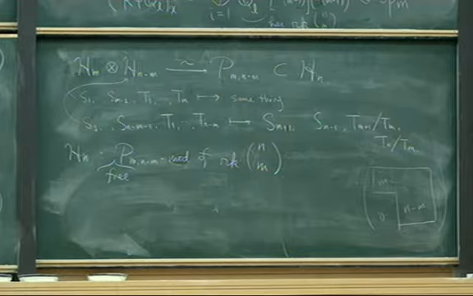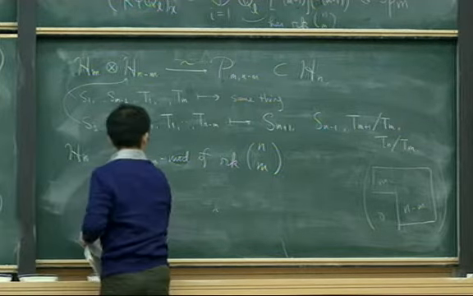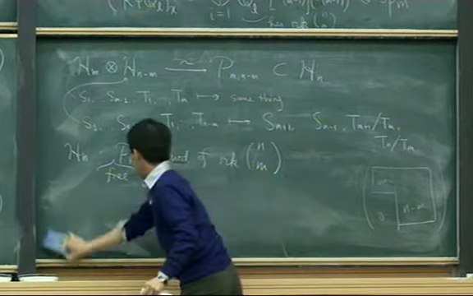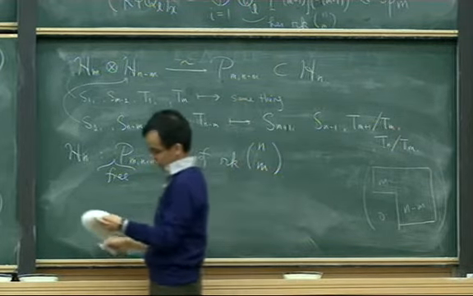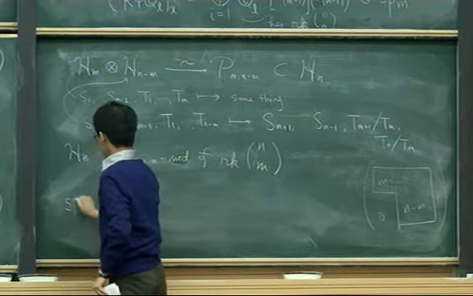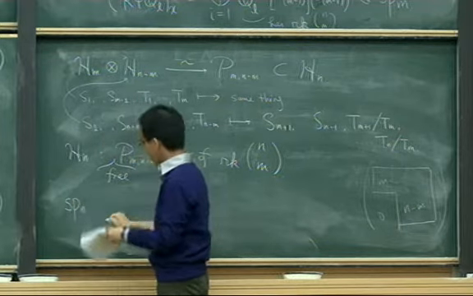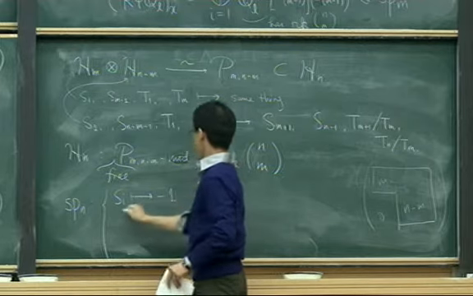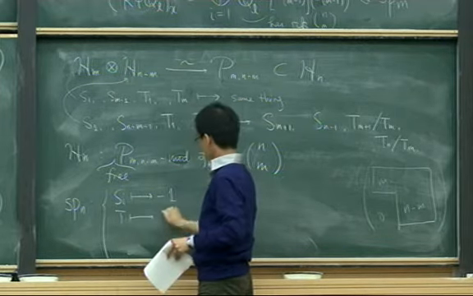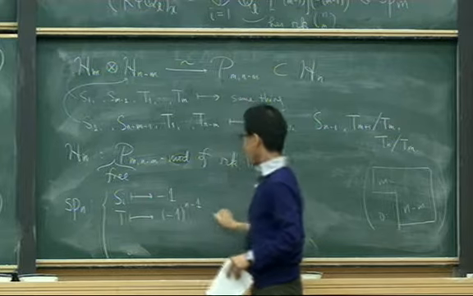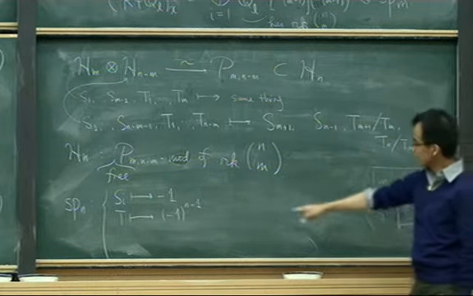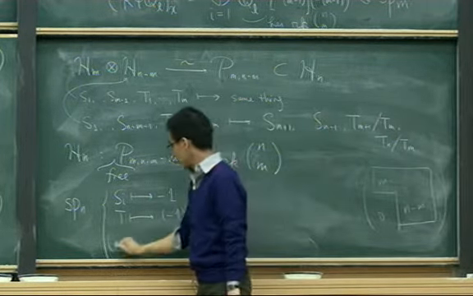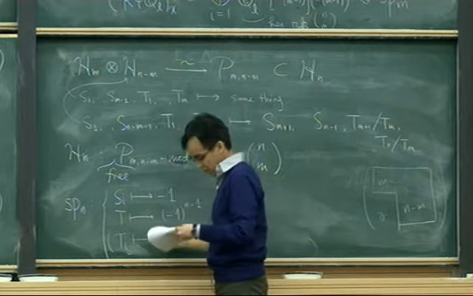So as you can imagine, we can realize the parabolic induction on Hecke modules. So the representations I'm interested in are Steinberg representations and trivial representations, which have the form... so Steinberg is like the sign representation. Ti goes to 1.